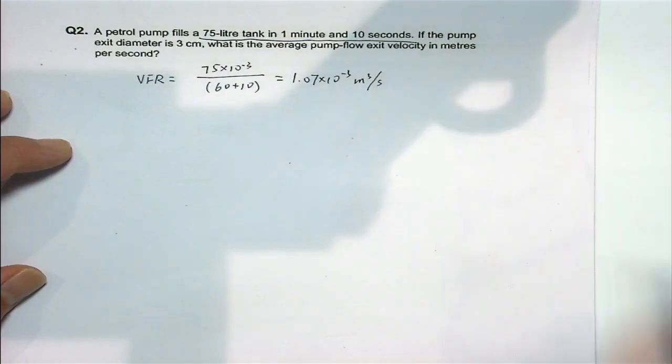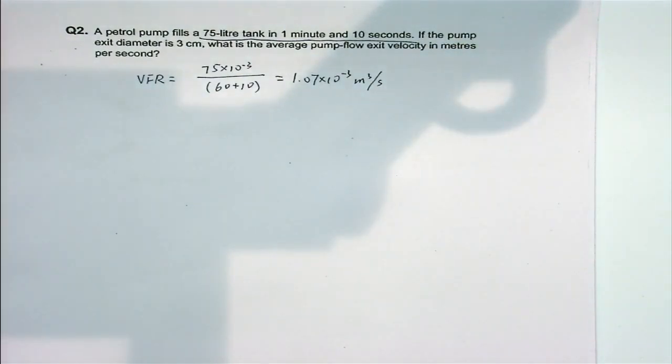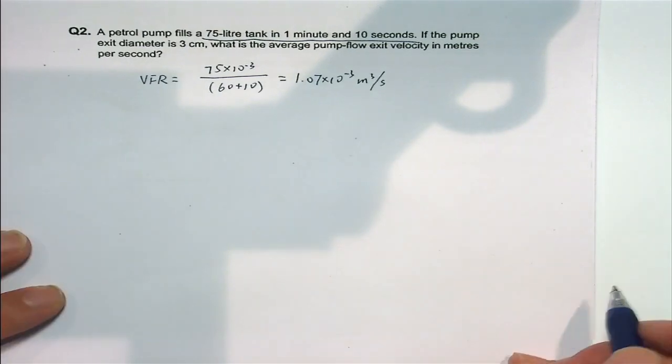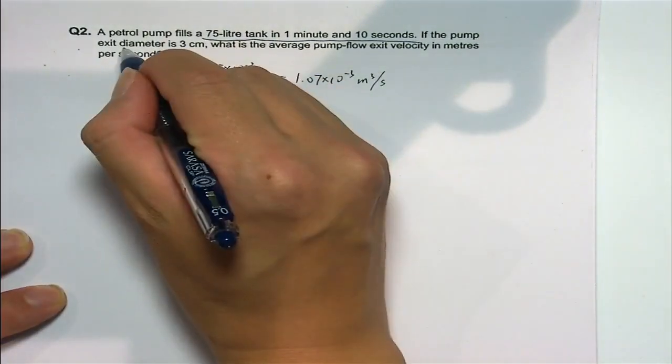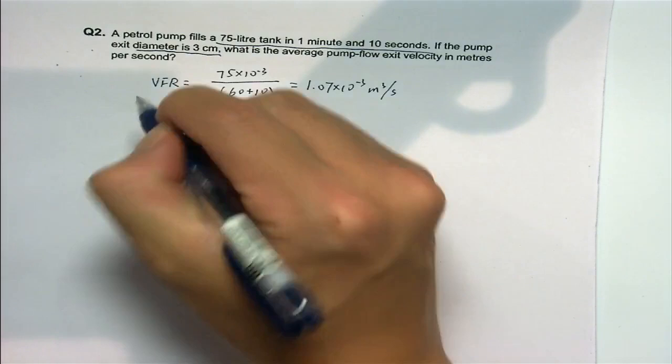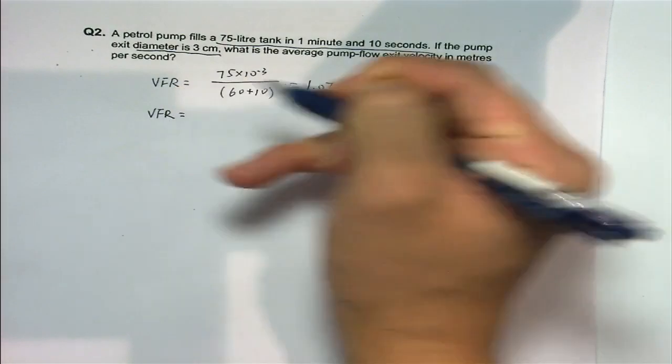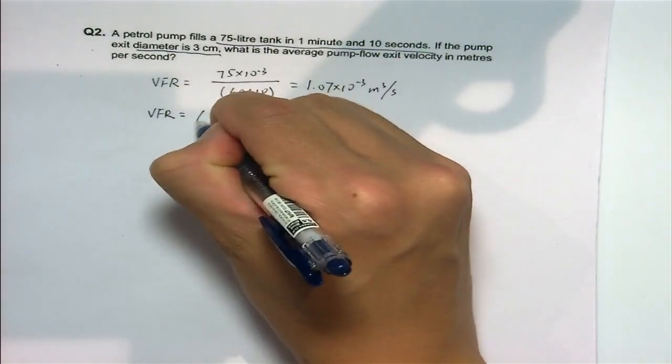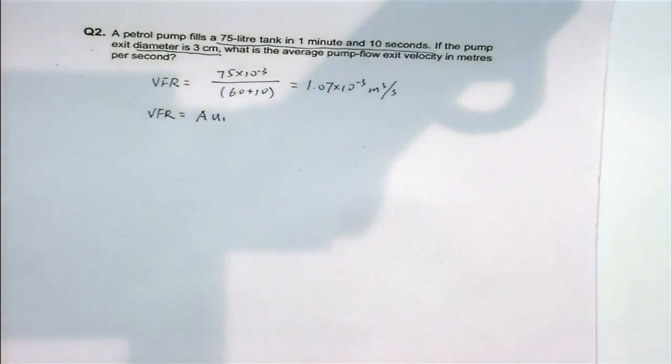cubic meter per second. We know the volume flow rate of the pump filling, and the whole volume flow rate is moving to the exit, and we know the exit diameter, so we can use that to calculate the cross-sectional area of the exit. So the volume flow rate is also equal to the area times U1, which we would like to solve.